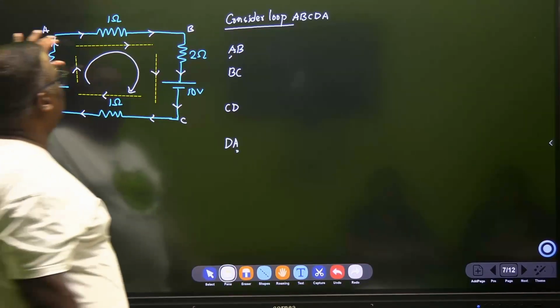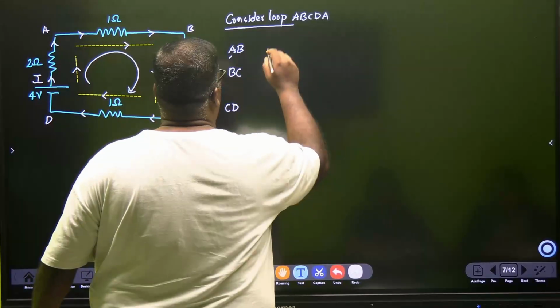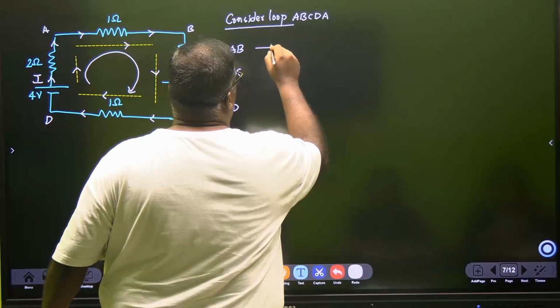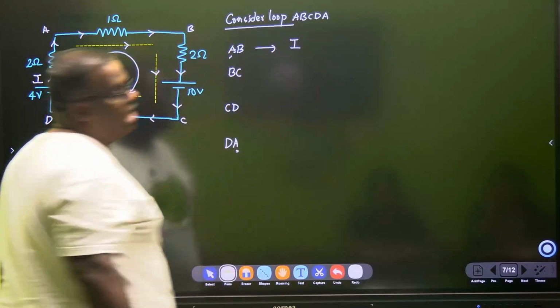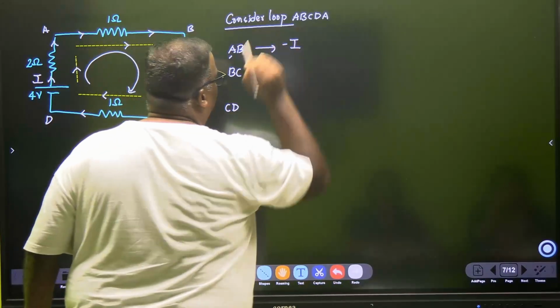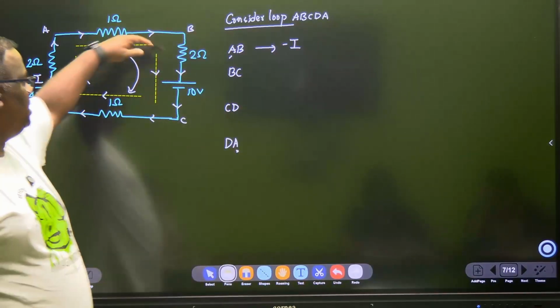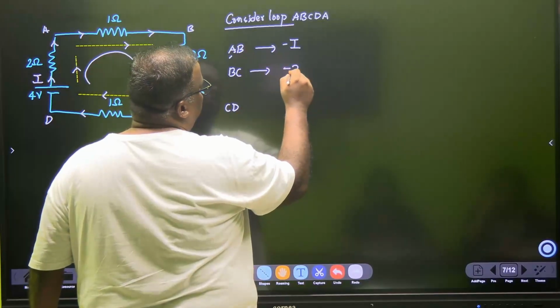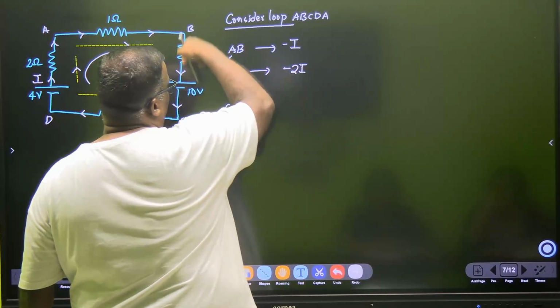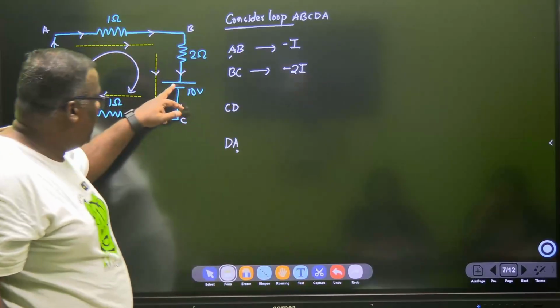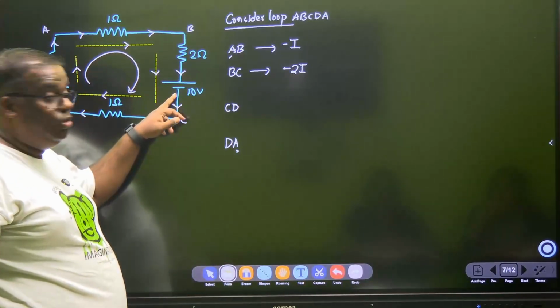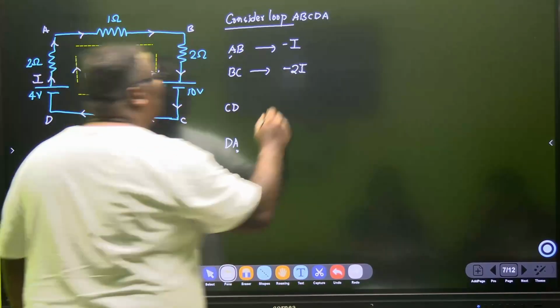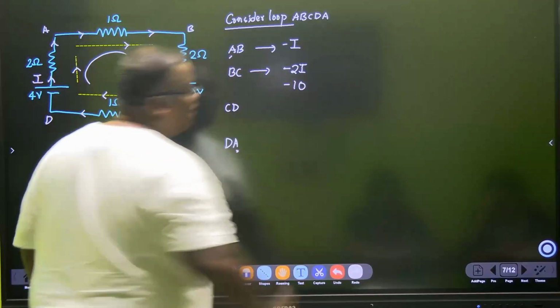Okay. So on AB, my drop is how much, beta? My drop is only I. I into 1 is I, and it will be minus I. On BC, as I am coming, I get a minus 2I drop here, a minus 2I drop here. And then I have a potential going higher to lower, negative 10.